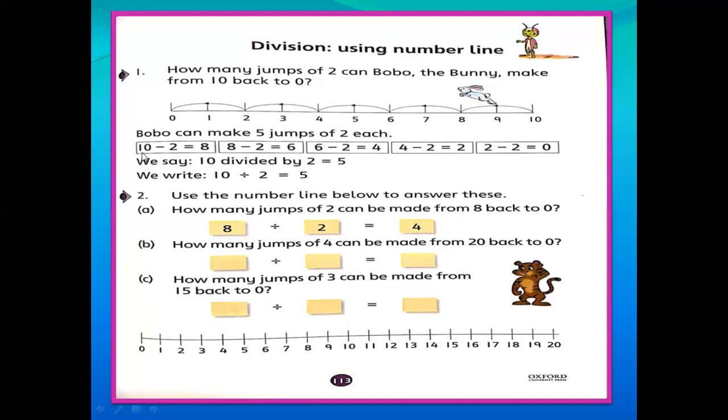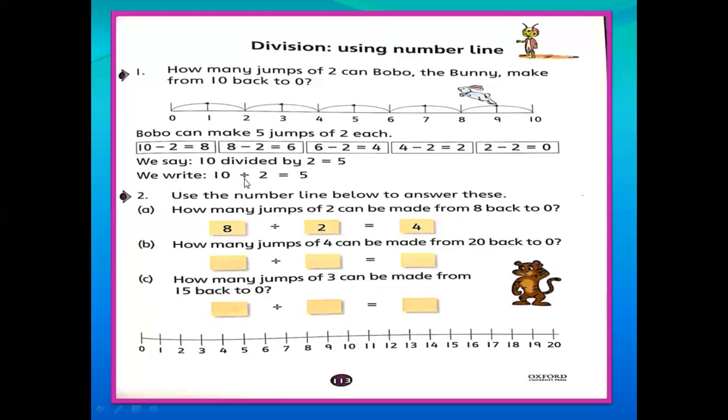It means in every jump we subtract 2 from the 10. 10 minus 2, 8, 8 minus 2, 6, 6 minus 2, 4, 4 minus 2, 2, 2 minus 2, 0. We say 10 divided by 2 is equal to 5, and we write 10 divided by 2 equal to 5.